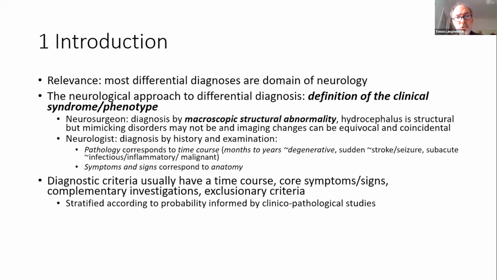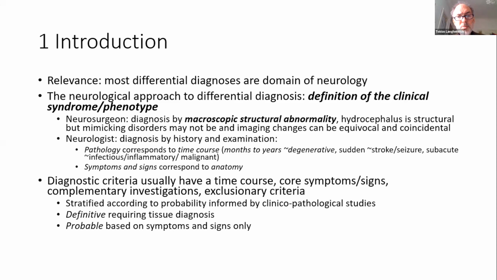This is informed usually by large clinical pathological studies, which is in a way a problem in normal pressure hydrocephalus, as there are no such large clinical pathological studies. Definite always requires a tissue diagnosis. Probable is based on symptoms and signs only.